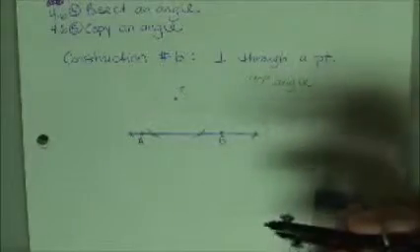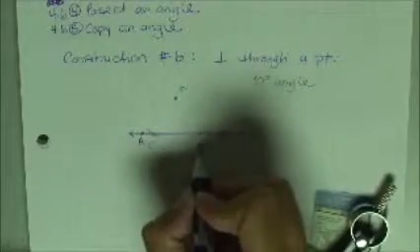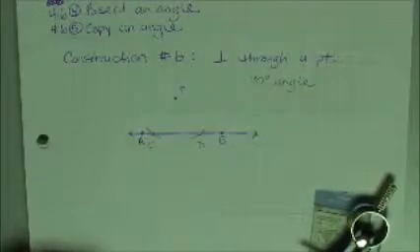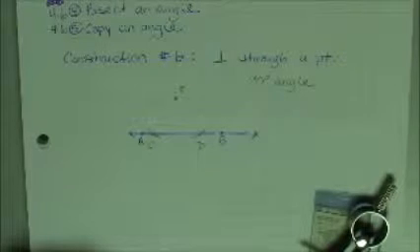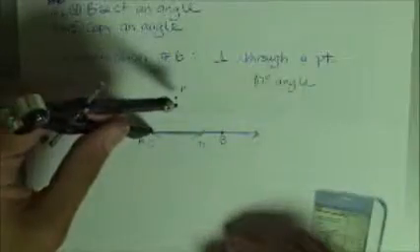Those points are where I pivot next. Let me label those points because your book does also. So this is C and this is D. I'm going to move the point of the compass first to C and then to D and make intersecting arcs above and below.